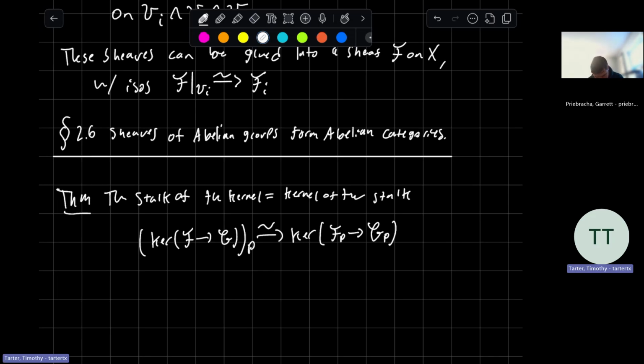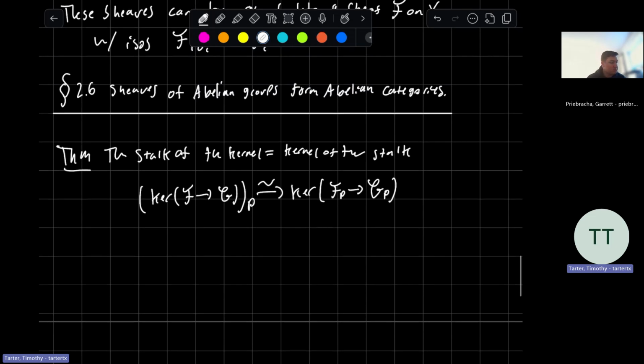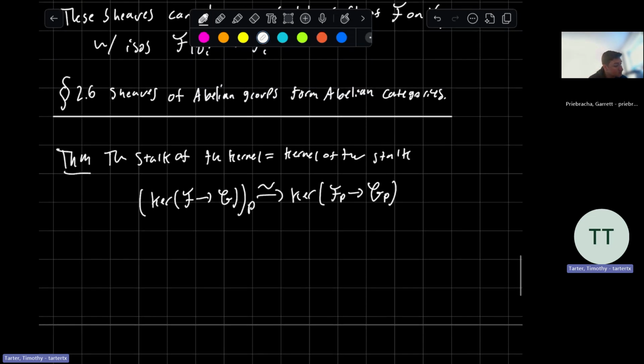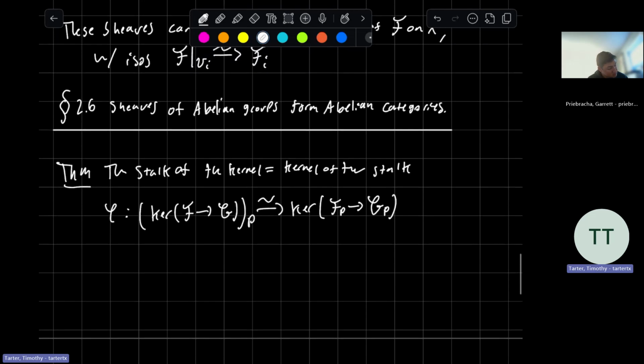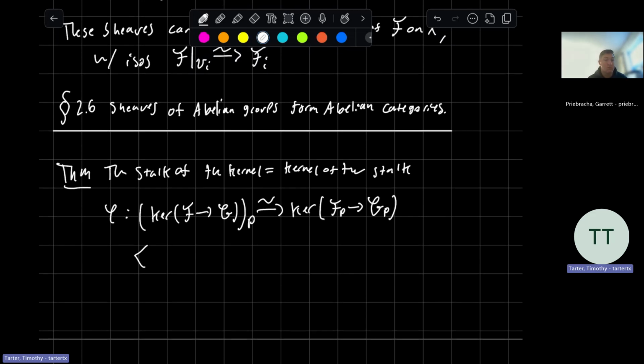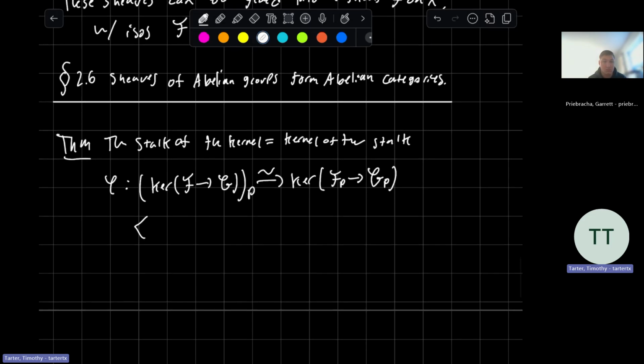To accurately describe this isomorphism, we want to look at the stalk at P of the kernel, and then figure out a mapping. If we let phi be such a mapping, then the stalk at P is the collection of things which zero out through this morphism.